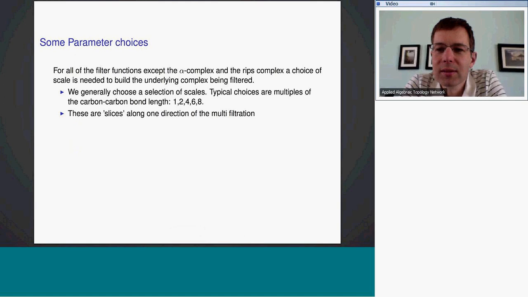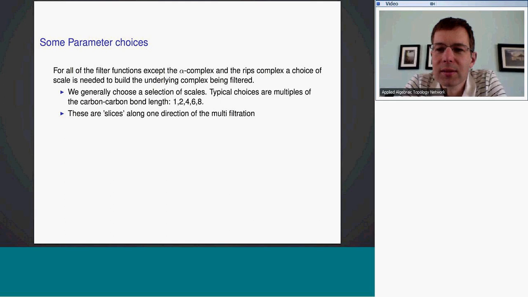Okay. Well, we're going to have to make a number of parameter choices. This is an area where we want to make progress on the math side, which is a better understanding, both theoretically and computationally, of multi-filtration.